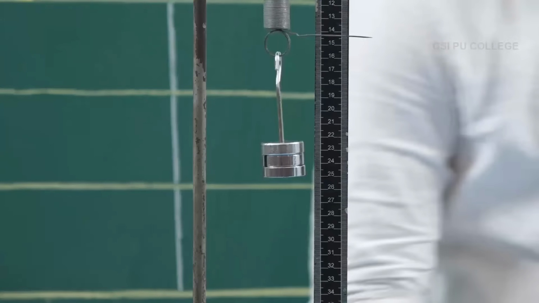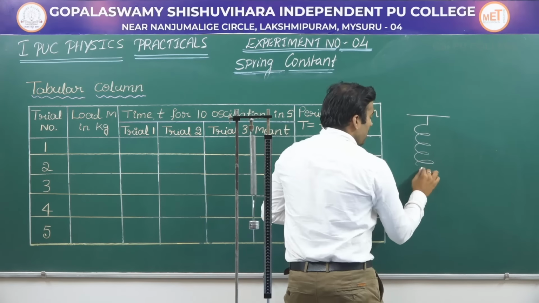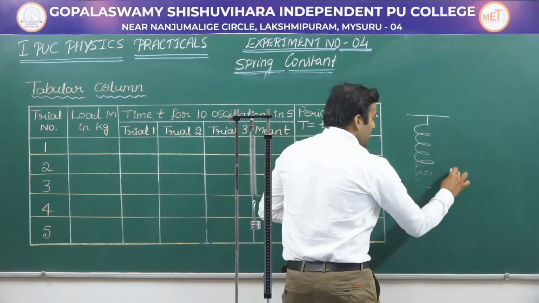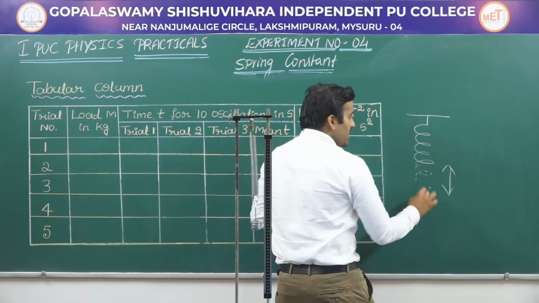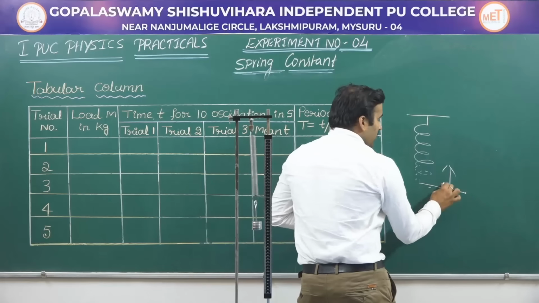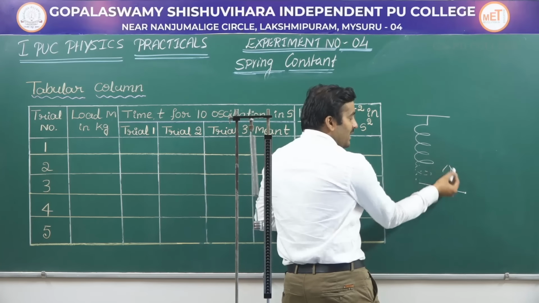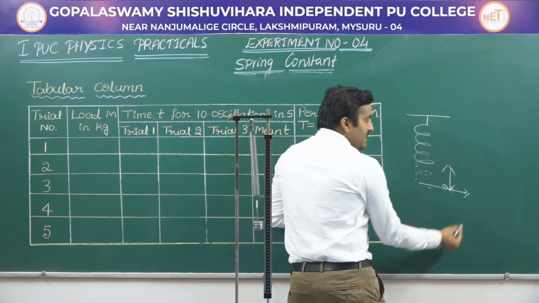I will show you. See, this is a spring which is performing vertical oscillations like this. The pointer is somewhere here. If it is performing oscillations like this, consider this point as a reference.